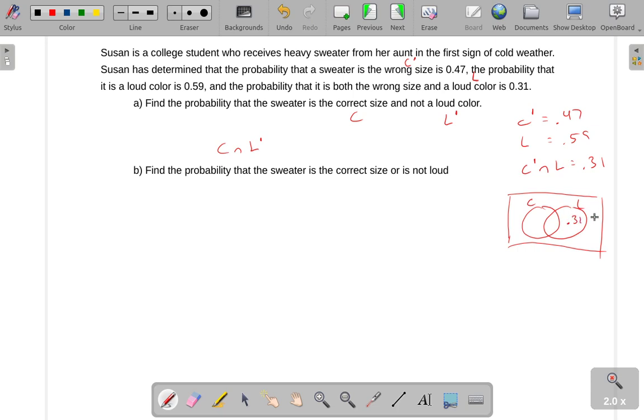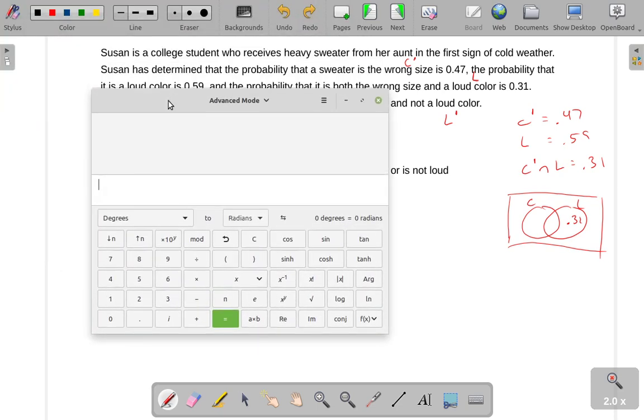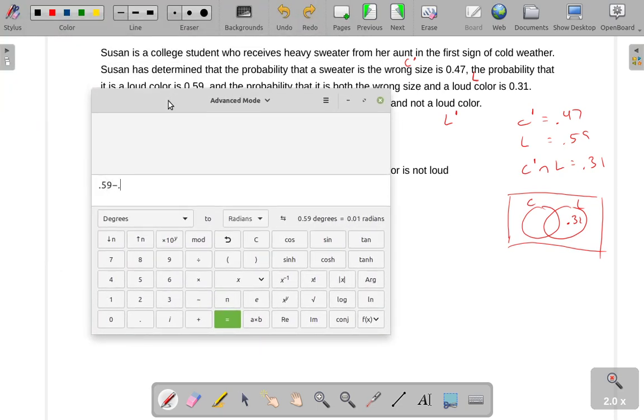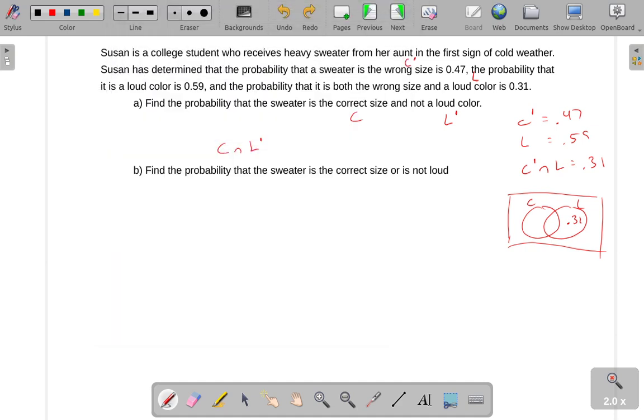I can use that to find the rest of L, because I know that L in its entirety should have a size of 0.59. Let me pull out my calculator. 0.59 minus 0.31 means there should be 0.28. That's the probability of the stuff left here, 0.28.